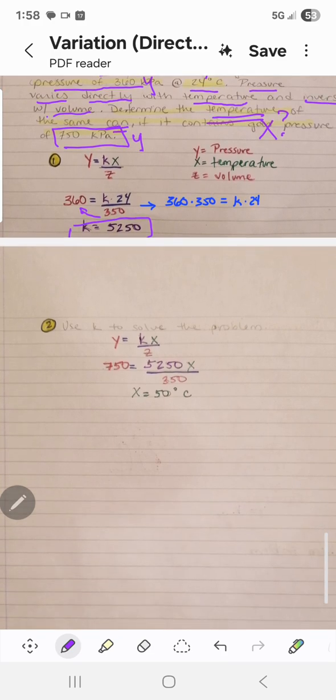The pressure is now 750. K I know, 5250. X I don't know, but the volume is the same, so it's still 350. Again, multiply the 350 over, divide it out, and you get X is 50 degrees.